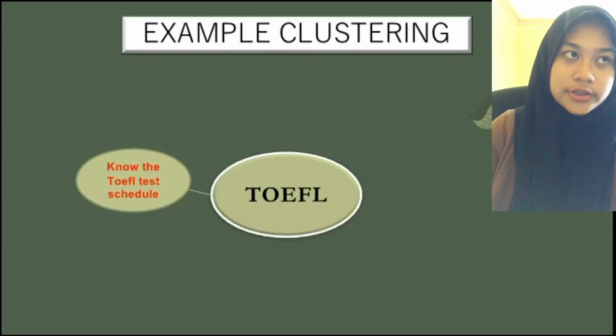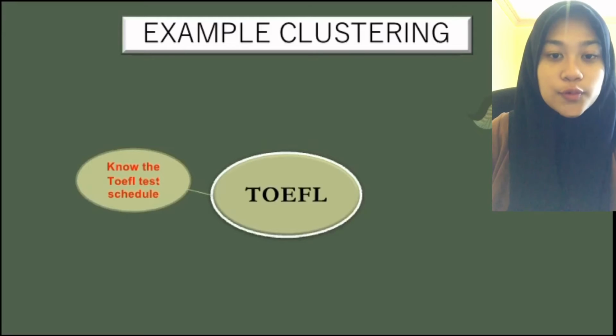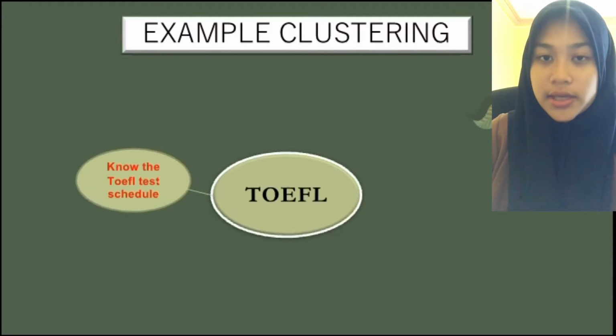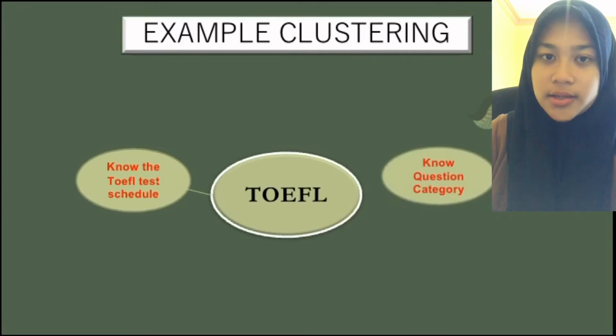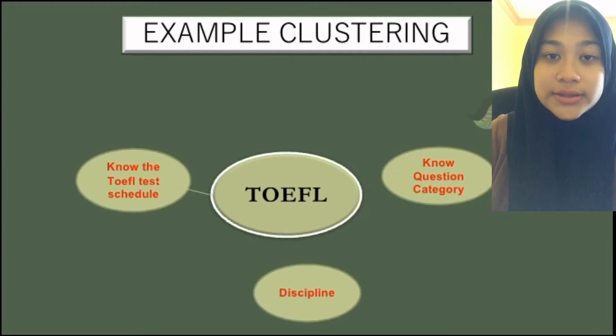Thinking about TOEFL, I think about some other things that can be done to get a good score, such as knowing the question categories. And I think it is also important to be disciplined. So I'm going to put discipline down again and connect it to the main topic.